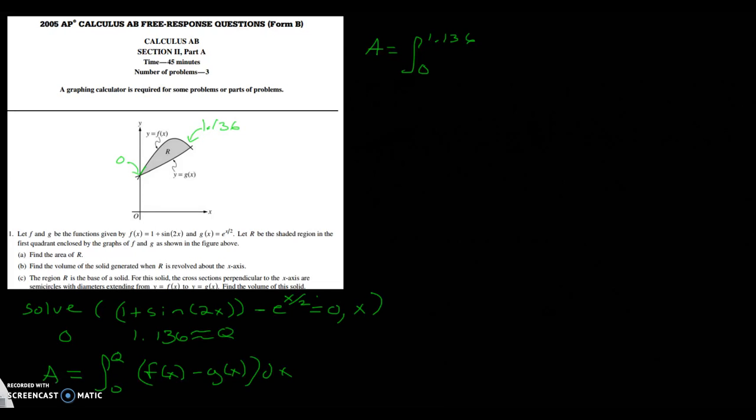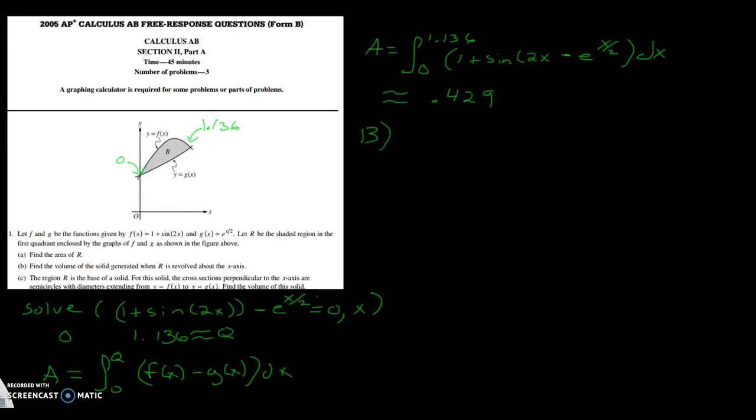F of x is the top function, so 1 plus sine 2x minus e to the x divided by 2 dx, and you would use your calculator, and it might take a minute to solve. You should get about 0.429.